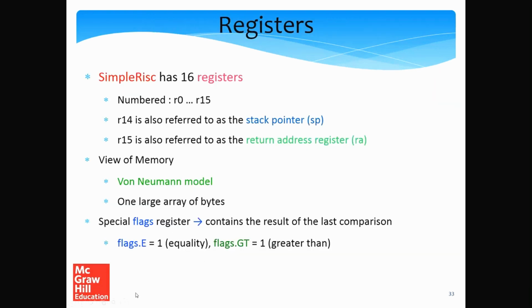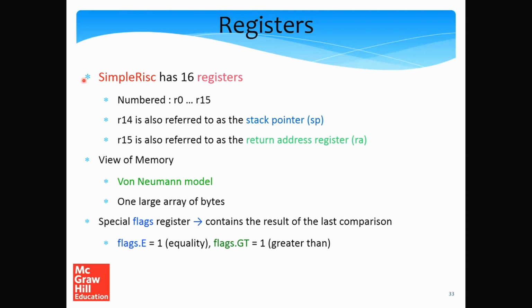Let us now discuss the basics of the simple RISC instruction set. Let simple RISC have 16 registers, and as is the convention, let us number the registers from R0 till R15. The 14th and the 15th registers, R14 and R15, I will refer to with special names. Let us refer to R14 as the stack pointer or SP.